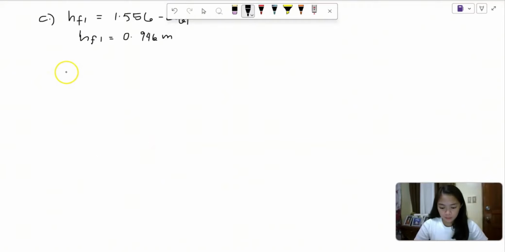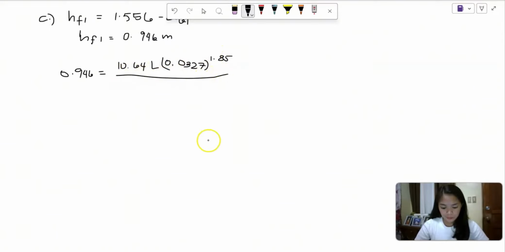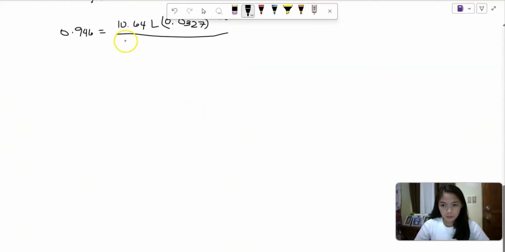So HF1, which is 0.946, is equal to 10.64 times the L. Then 0.0327 raised to 1.85 over 100. So 100.